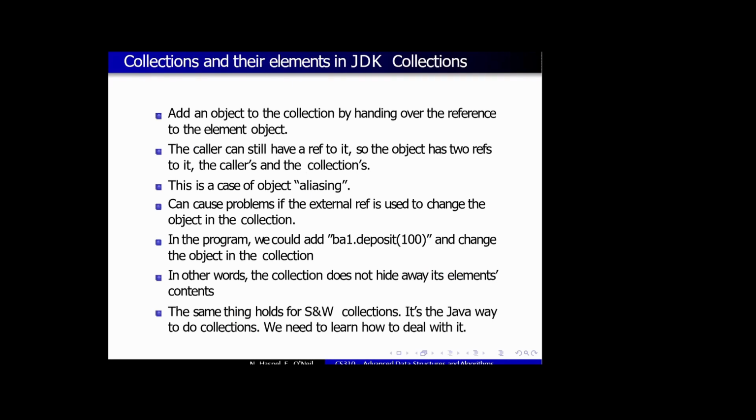As you can see, that means there's two parties that have responsibility for this object. And so if one reference is used to change the object, the change is going to be clear and obvious to the other reference holder. Okay. So in this case, you could deposit something and change the object in the collection.